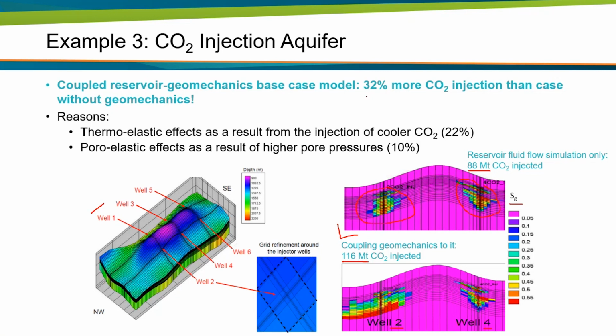That is 32% more CO2, because the geomechanics takes into account thermoelastic and poroelastic effects. So it takes into account deformations, changes in porosity as a result of changes in pore pressure and temperature, and it also takes into account fracture growth, right?